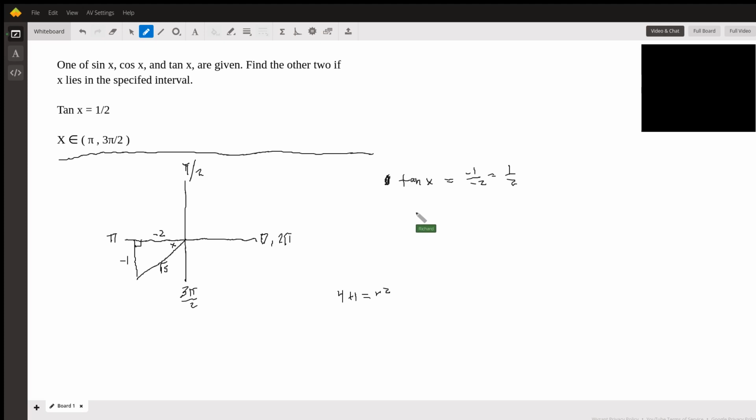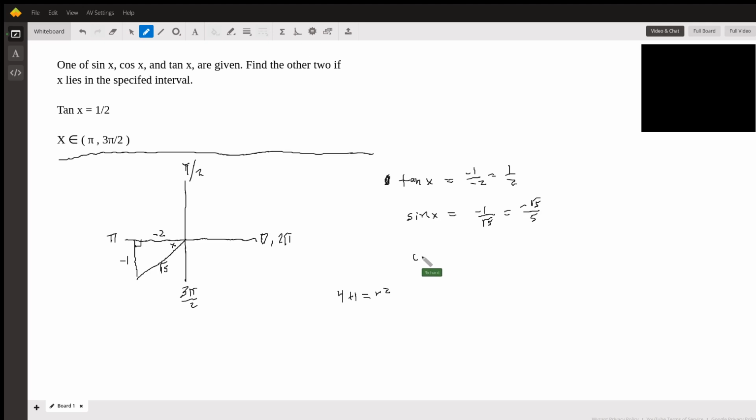So now we can just use SOHCAHTOA for the rest of it. So the sine of x is going to be opposite over hypotenuse, -1 over root 5. And we don't want to leave a radical in the denominator, so we multiply top and bottom by the square root of 5. So it's -√5 over 5.